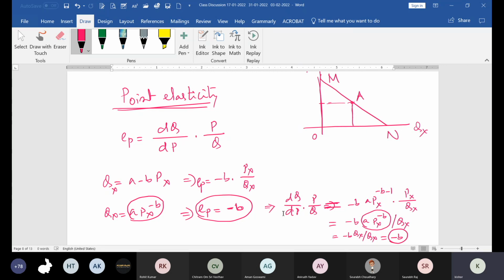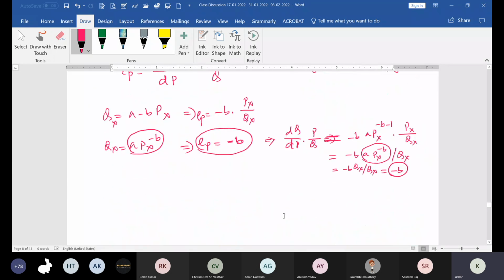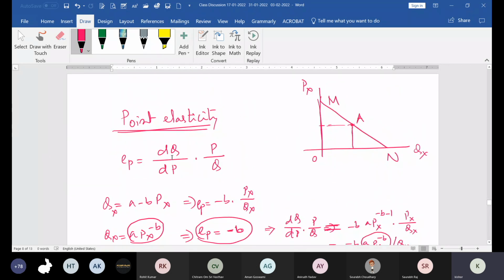Okay. Now, another way of finding out elasticity. This is the most popular one, but in certain books you may find an extra negative sign also. The meaning of this extra negative sign is that as there will be a negative value, but your intention is to find out only how sensitive your product is with respect to change in price, in this case point elasticity with respect to price, you will get ultimately a negative value, like here minus b.